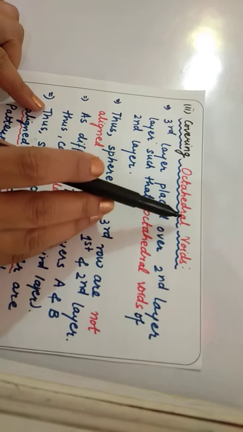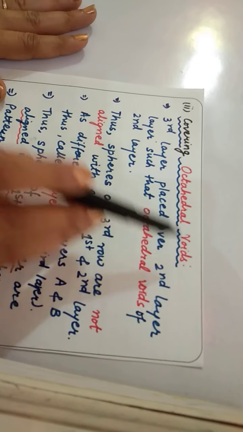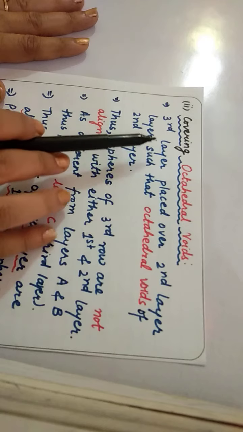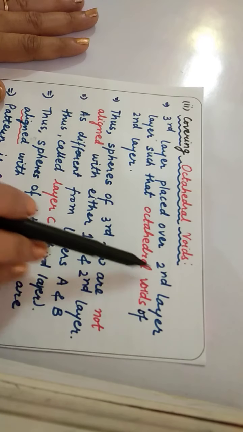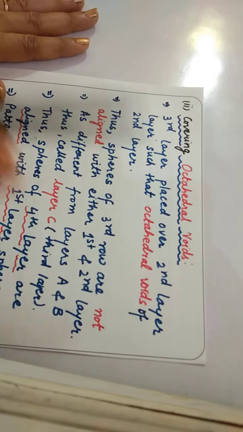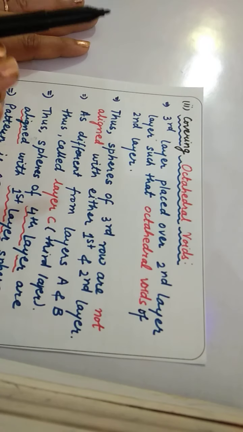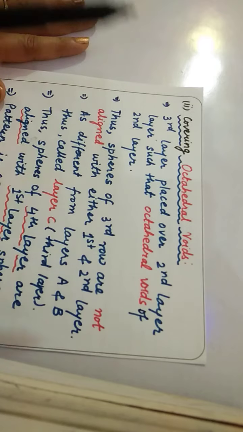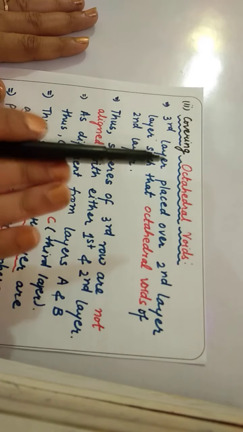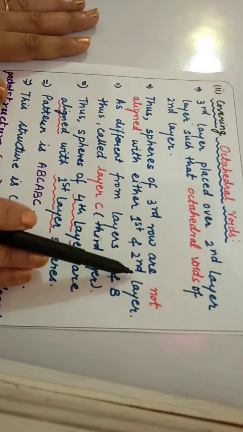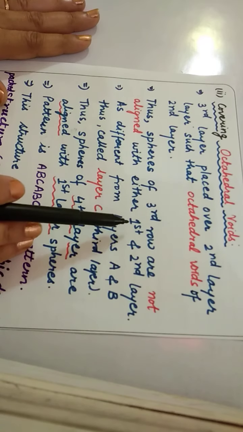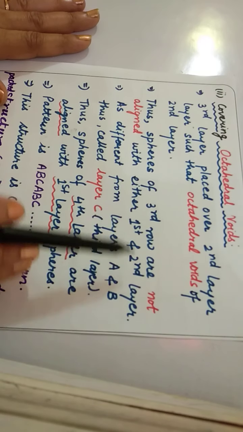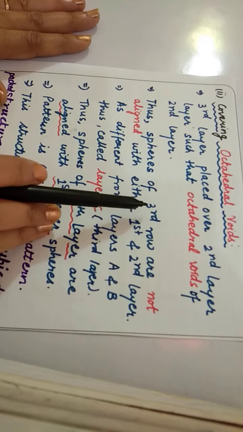Now the second possibility is that the third layer will cover the octahedral voids of the second layer. Then the third layer will not be aligned with either the first layer or the second layer. It means if the first layer is A and the second layer is B, then the third layer is different.